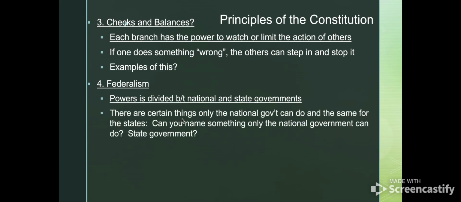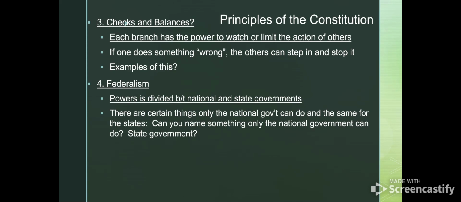And I added on here, there are certain things only the national government can do, and the same for the states. I'm not going to get into these yet. We'll do that later. I'll give you an example today. National government can only declare war. A state cannot declare war. Here's a good example showing the state government has a lot of power over you. The reason you're sitting in this classroom today is not because the national government said you have to.